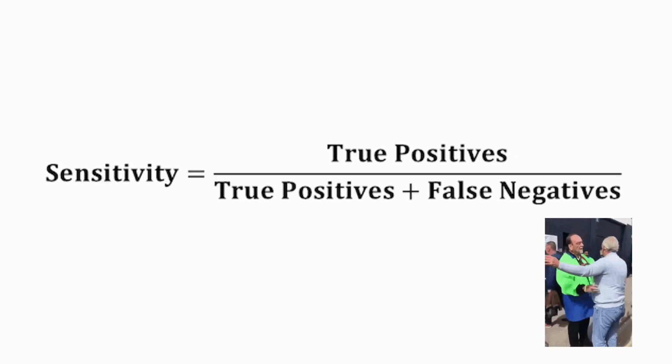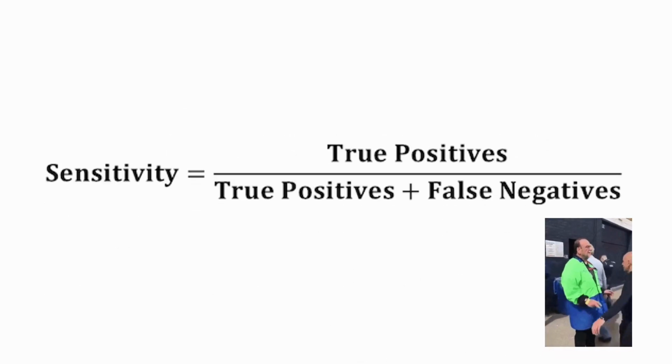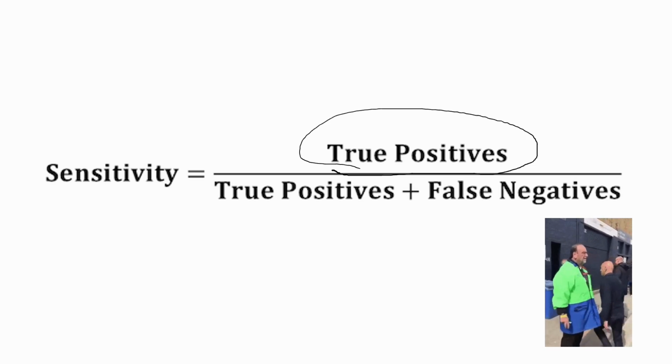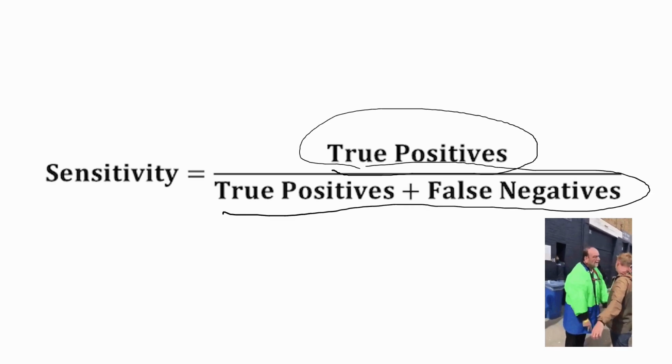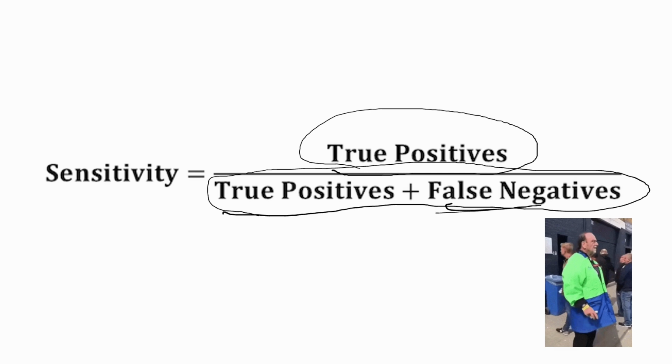All right, moving on to sensitivity and specificity. So the definition of sensitivity will be your true positives over your true positives plus your false negatives.